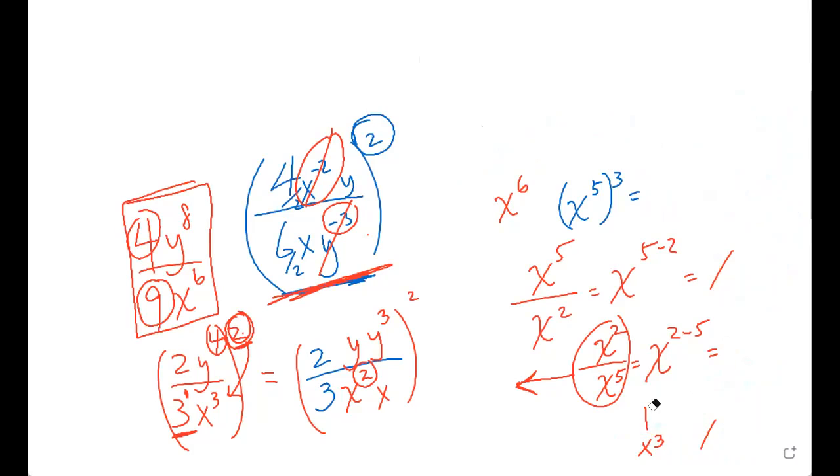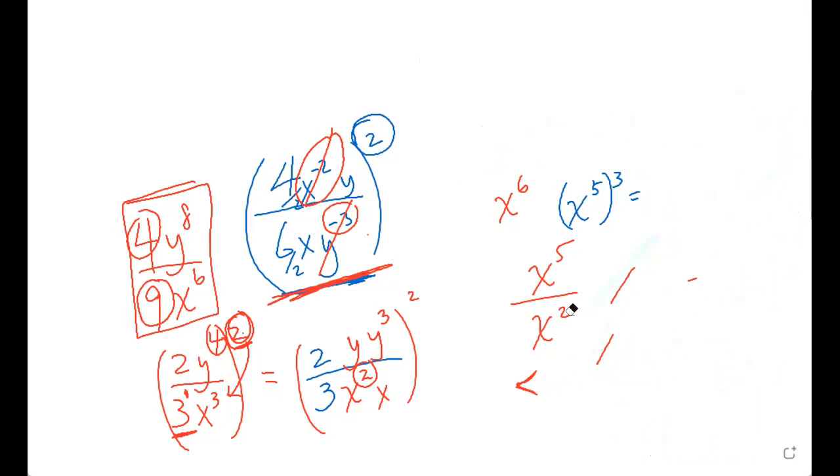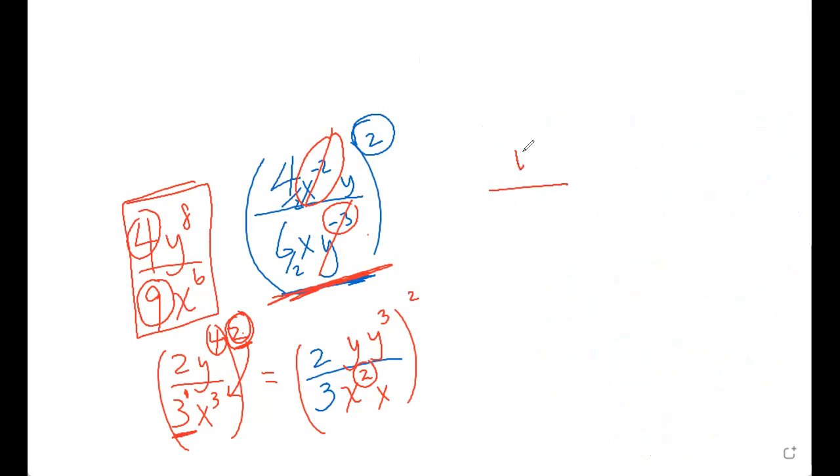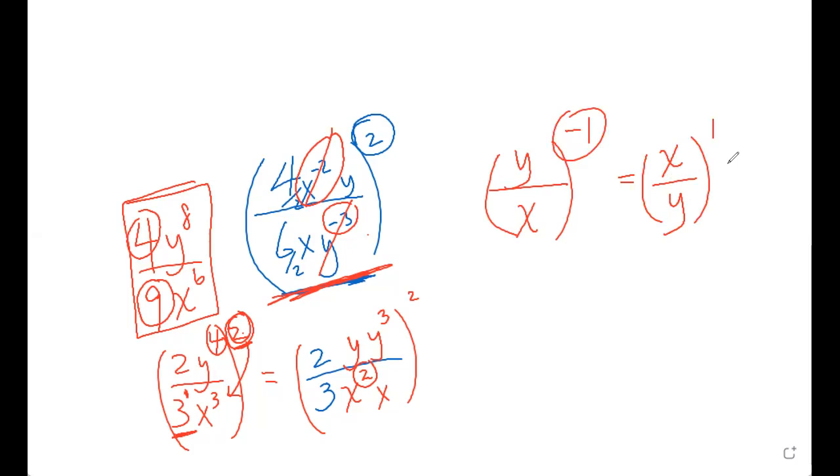And that is, if you have a fraction, for example, y over x, raised to the negative 1, then if you flip the fraction inside, this -1 becomes a +1. That's right, it becomes x over y.